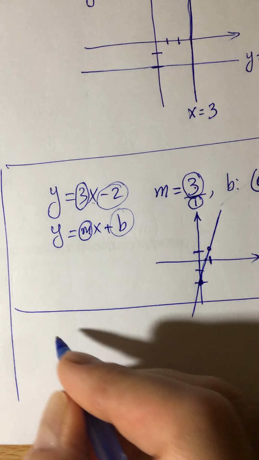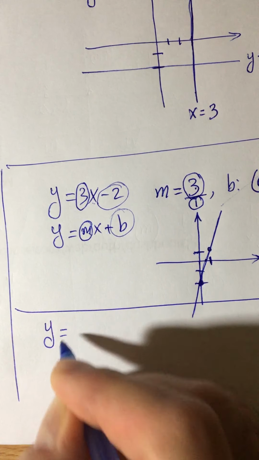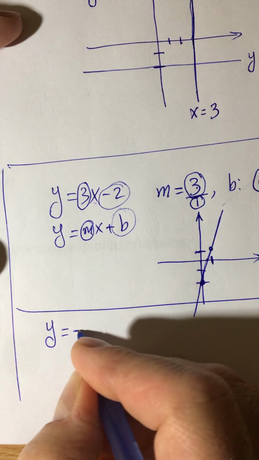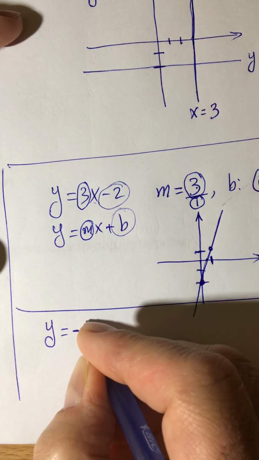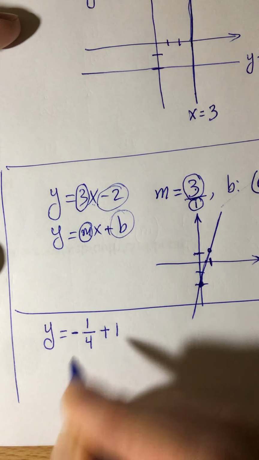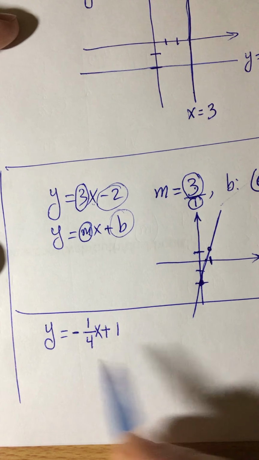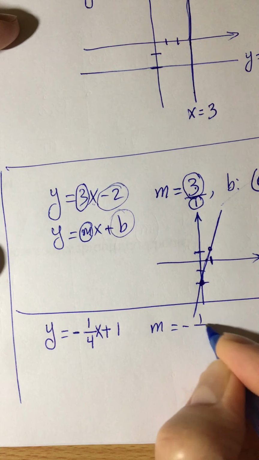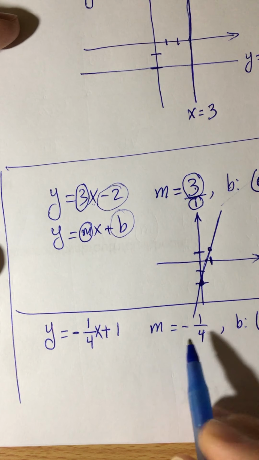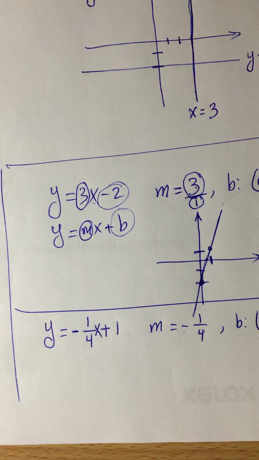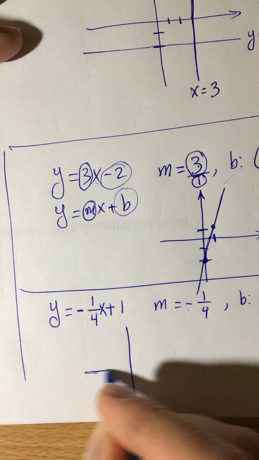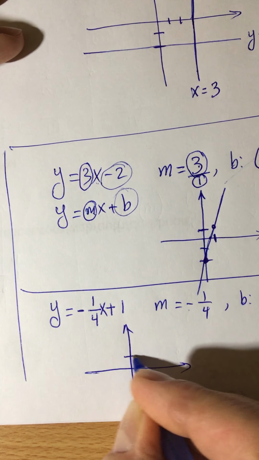Let's say we have an equation that looks like this. y equals negative 1/4 x plus 1. So what's your slope? Slope is negative 1/4, and your y-intercept is 0 and 1. Now notice the slope is negative, so that means you have a line that is falling. You already know that. So you start with your y-intercept, 0 and 1.